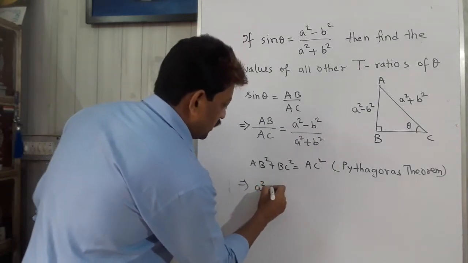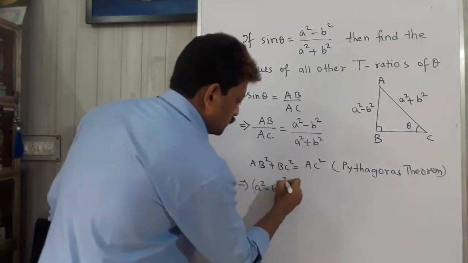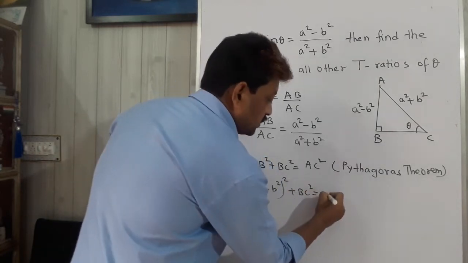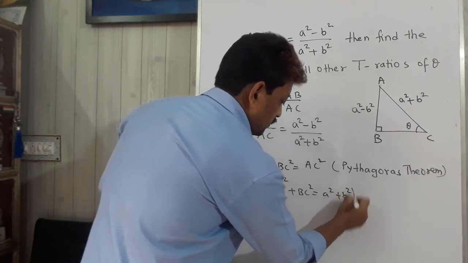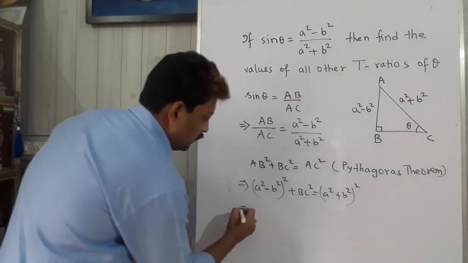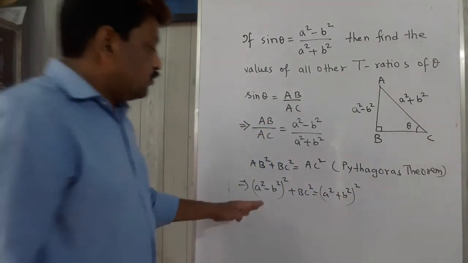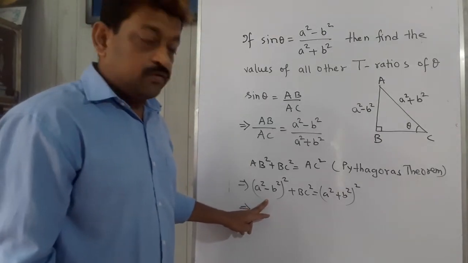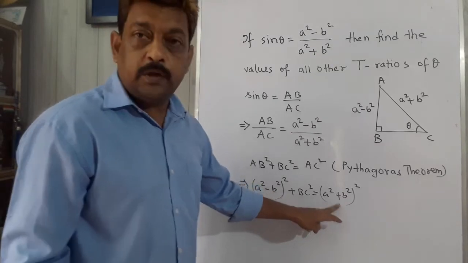So it is (a square minus b square) whole square plus BC square is equal to (a square plus b square) whole square. So these two we have to simplify using the formula (a minus b) whole square, and this is (a plus b) whole square.